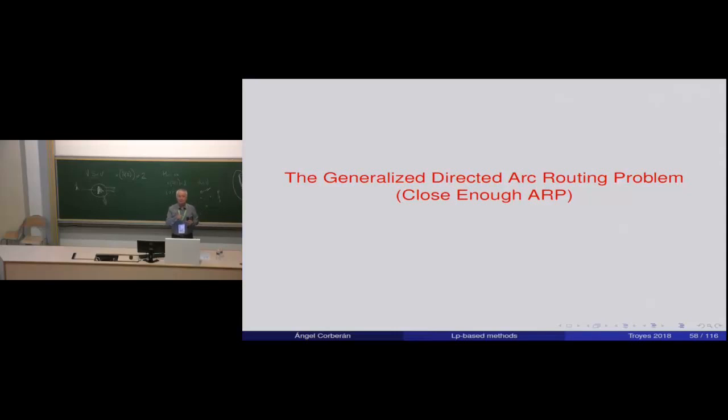Although they are not so successful when the number of vehicles is bigger. This is because of the symmetry that Emmanuel was talking about yesterday. There is a big symmetry between vehicles.